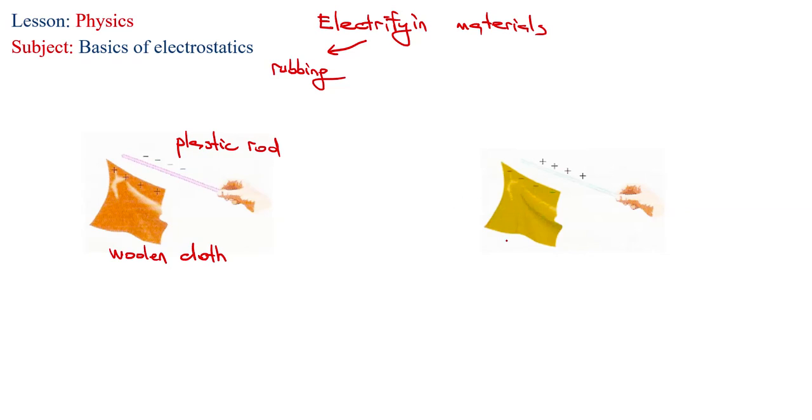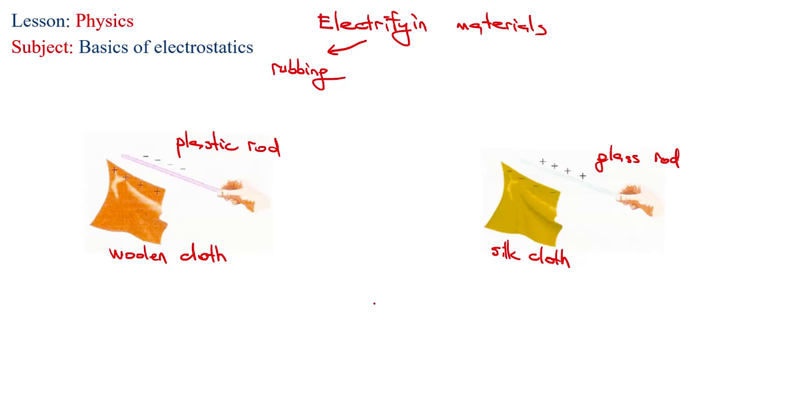In the second picture, you see here, when we take a silk cloth and we rub it with the glass rod, the glass rod will be positively charged, while the silk cloth becomes negatively charged. And again, the amount of charge on both sides is equal. This method is called rubbing.